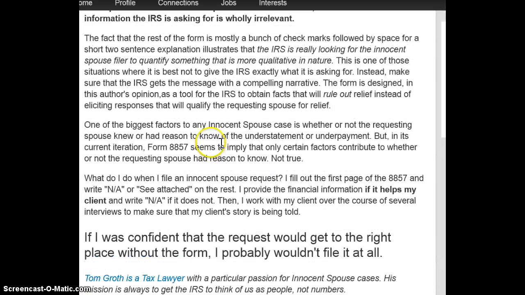I'm not always going to fill out the form completely because I don't think that it's relevant to the actual request. I think that there are factors that aren't addressed in the form. I think that every taxpayer's situation is different, and so what it comes down to is really telling the taxpayer's story, making sure that the IRS realizes that it's unfair to hold them liable for the tax sins of their spouse, and you really can't get that across in a form.